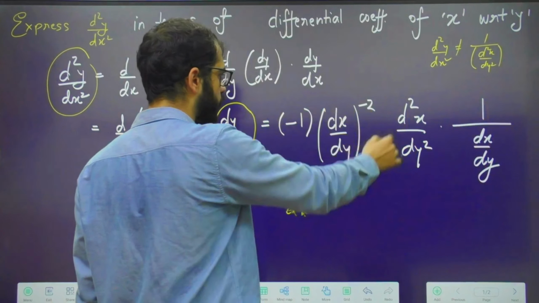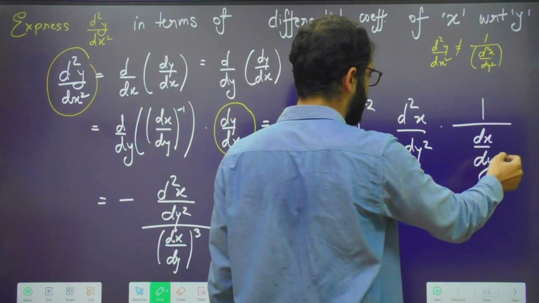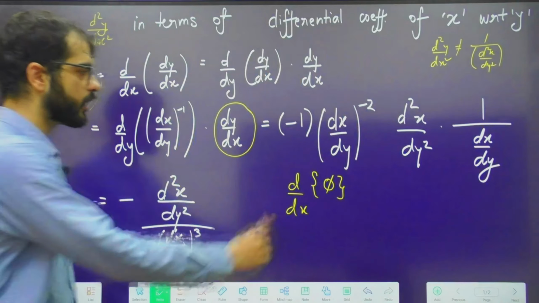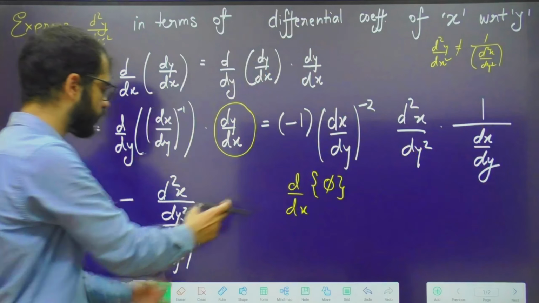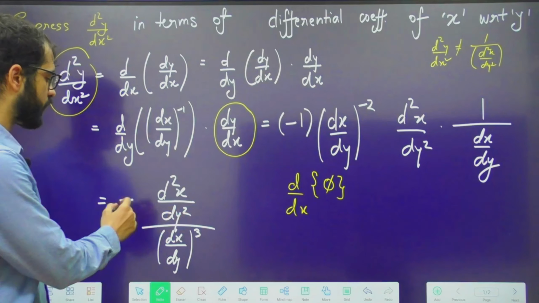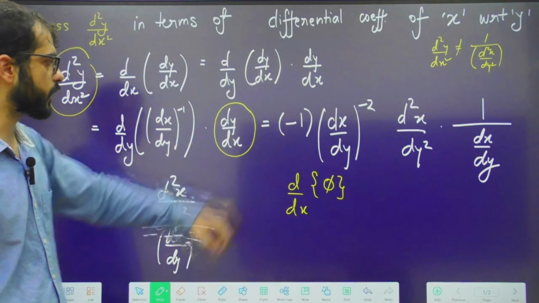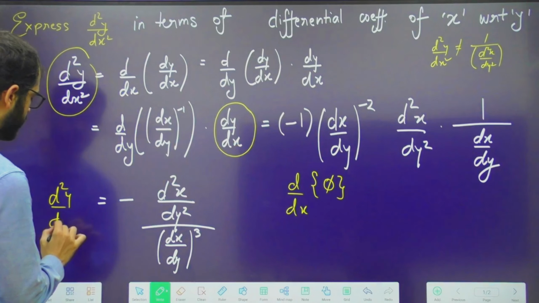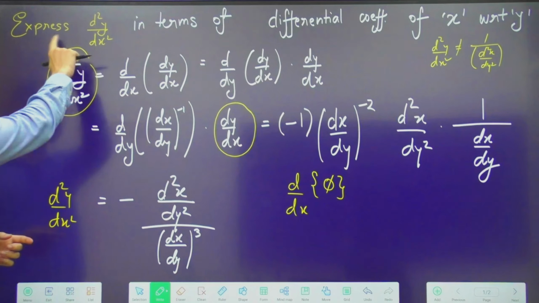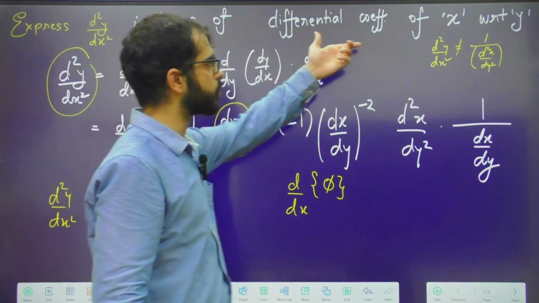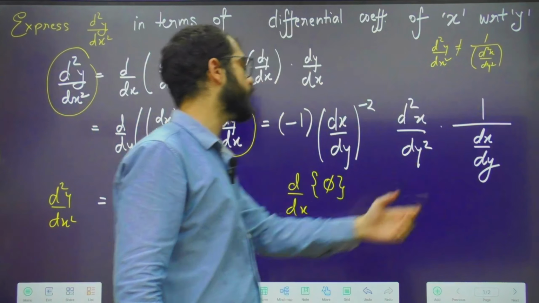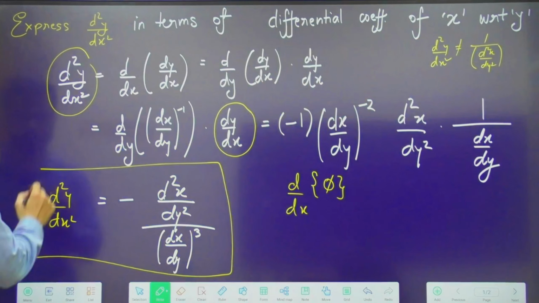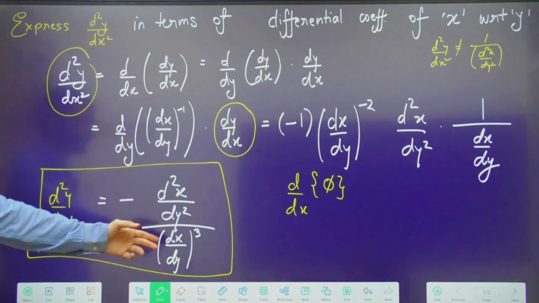Since the power of this term is minus 2 and this is the exact same term, I'll write it as dx divided by dy whole cube, and this higher order derivative comes exactly in the same manner. This is the negative sign copied from minus 1, so we can say that d2y divided by dx square, if it has to be expressed in terms of the differential coefficient of x with respect to y, can be written as negative d2x by dy square upon dx upon dy the whole cube.